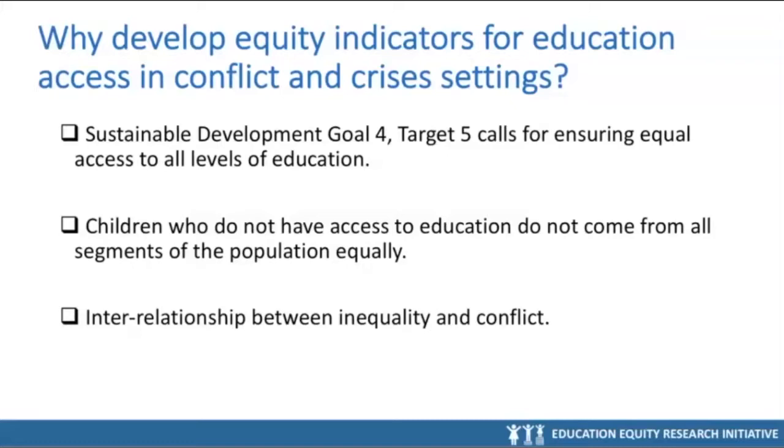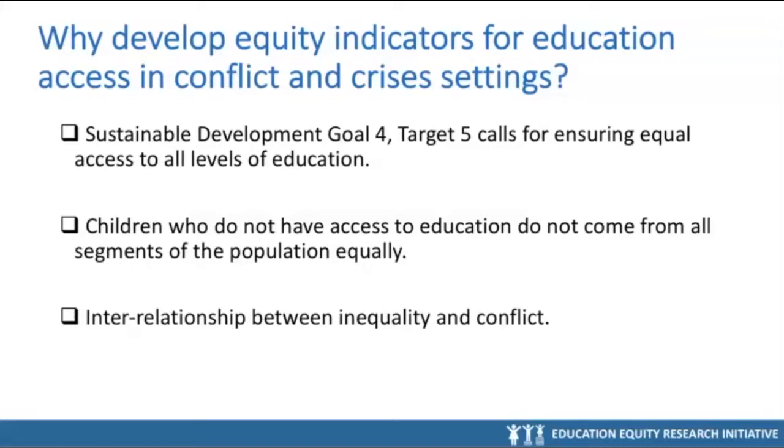And it calls for the use of parity indices for national access reporting, including the ratio of female to male students, the bottom to the top wealth quintile, etc. And therefore, as I say, it explicitly calls attention to how exclusion from education, as a lack of access to education, does not affect all segments of the population equally, but is rather most often related to individual and group level characteristics and affiliations.